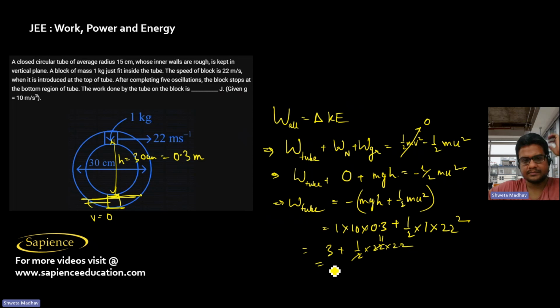So this will be equal to 3 plus 11 into 22, 11 into 22 is 242. So it is 245. So 245 joule is the work done by the tube on the block.